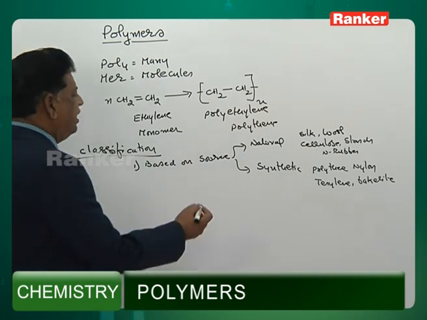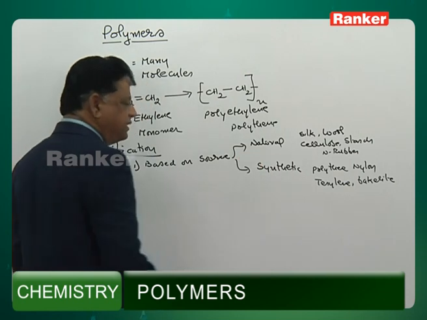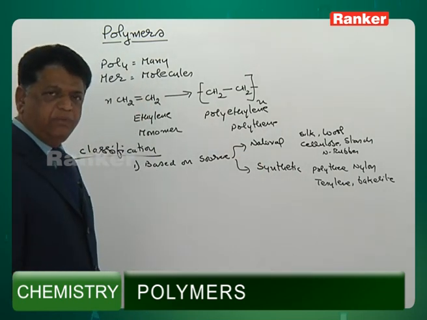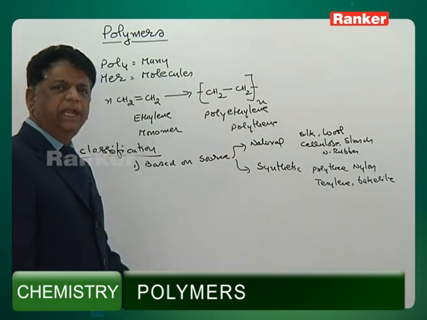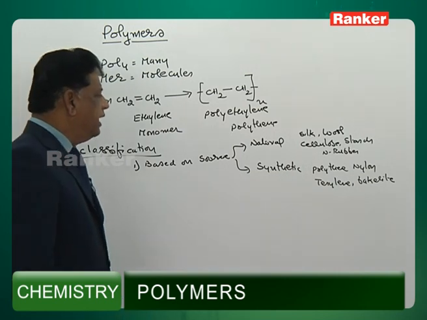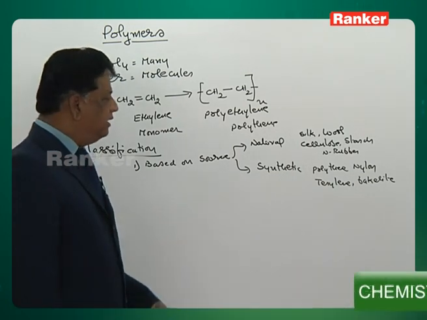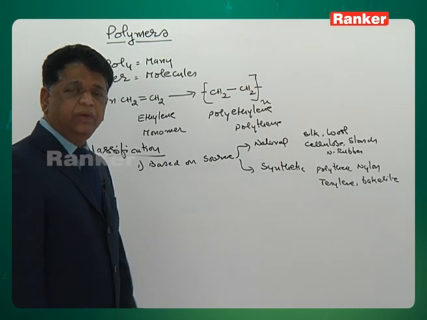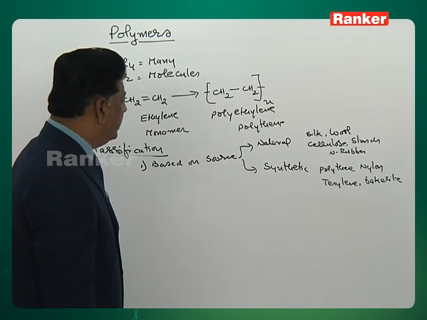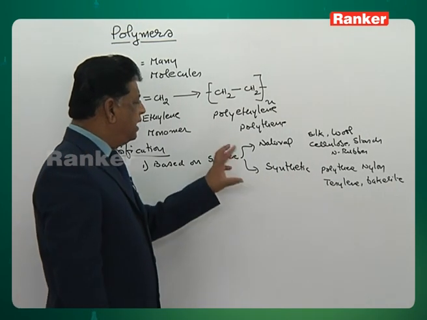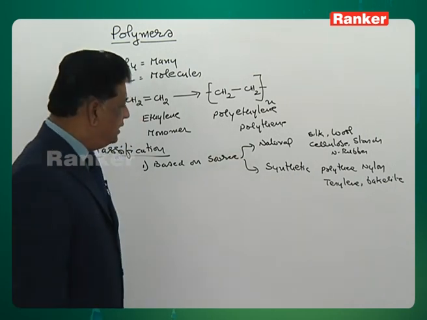We can also have a via media type. For example, cellulose is a natural one, but cellulose nitrate is used in the preparation of gun cotton, and cellulose acetates are used in polymers such as rayons. These are partially natural, partially synthetic.